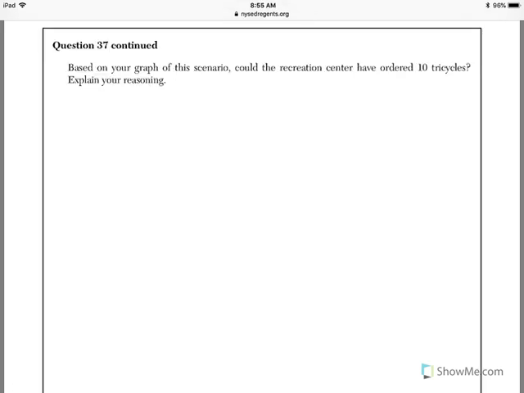So, based on our graph of the scenario, could the rec center have ordered 10 tricycles? Explain your reasoning. So tricycles was t, which back on our graph was the x-axis.